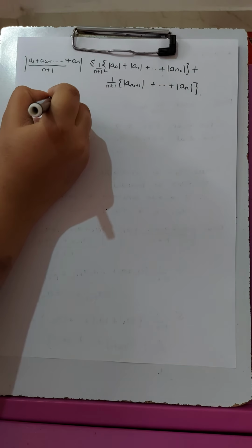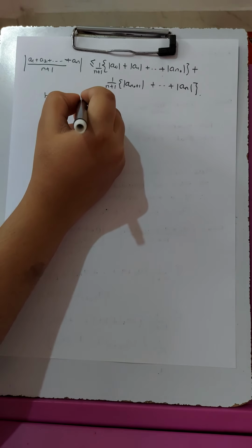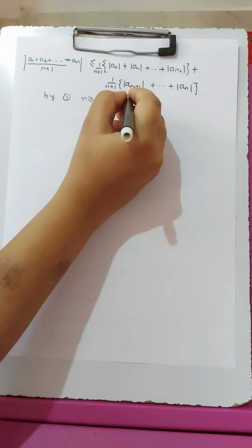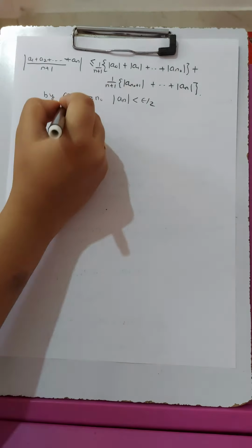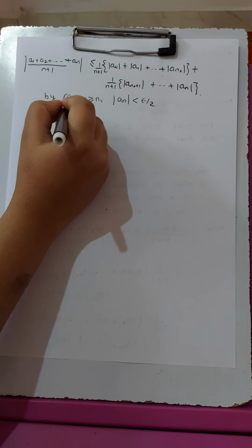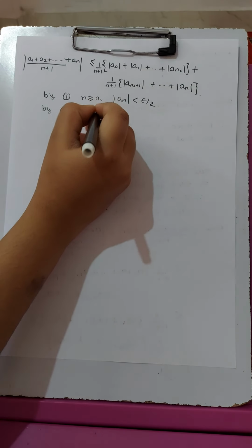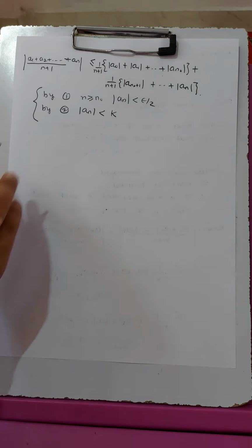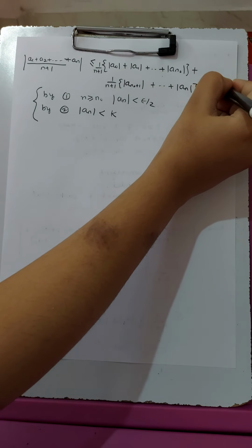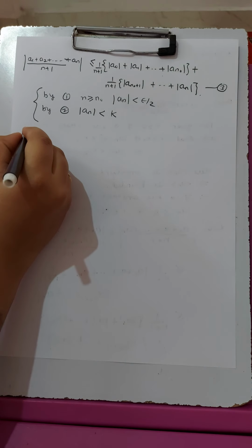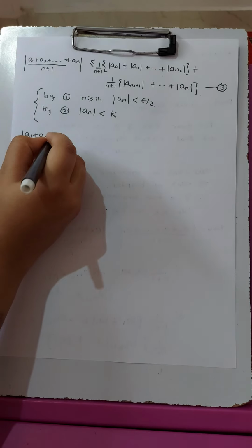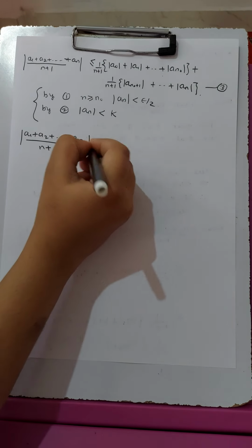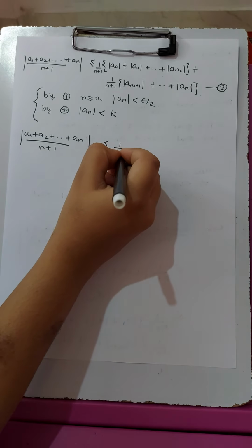So by 1, we have for n greater than n0, mod of an is less than epsilon by 2, and by 2 we have that mod of an is less than k, where k is a positive constant. So by using these two, we have the mod of the sum upon n plus 1 less than or equal to 1 upon n plus 1.